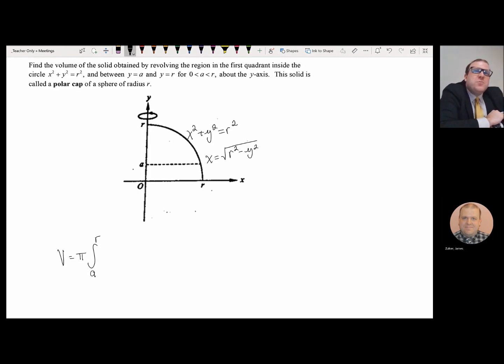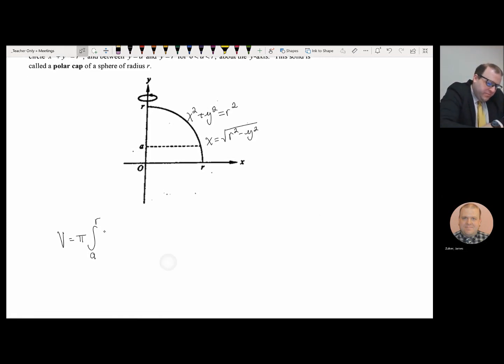Square root of r squared minus y squared, isn't it? And it's just positive because we're in quadrant 1. That's our radius then. Square root of r squared minus y squared.